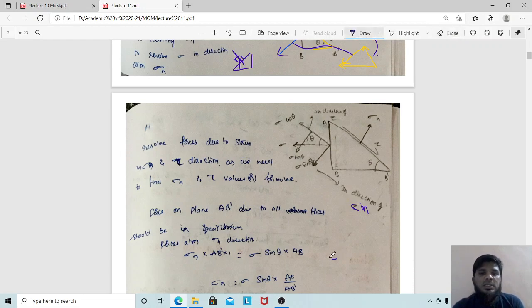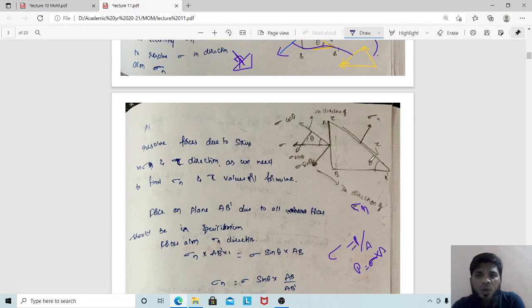We know that sigma is equal to P by A, that is load upon area. Whereas force P, or load P, is equal to sigma into A. So we have to multiply with areas.